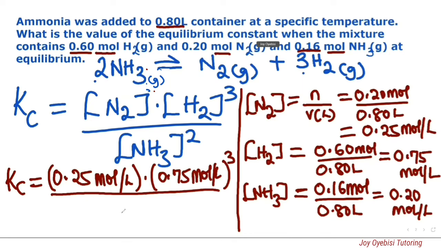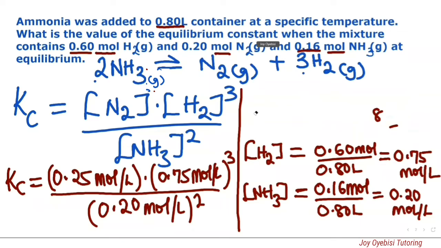Then divide that by NH3 squared, which is 0.20 squared. Note that this is also moles per liter, mole per liter squared.